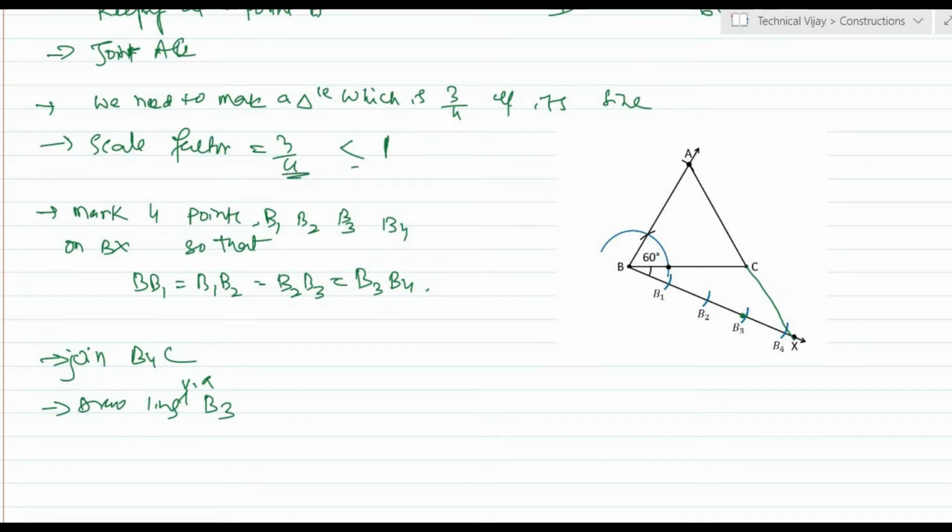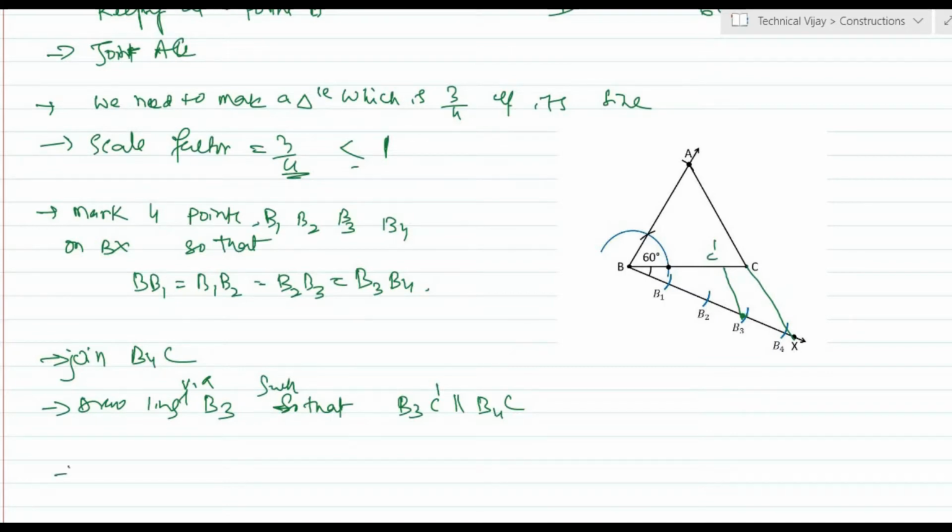So here first we have to take the smaller portion. So draw a line through B3, let it meet BC at C dash, such that B3C dash is parallel to B4C. In this way we have to draw.